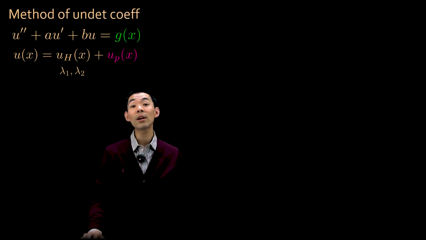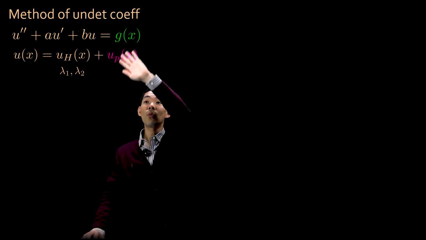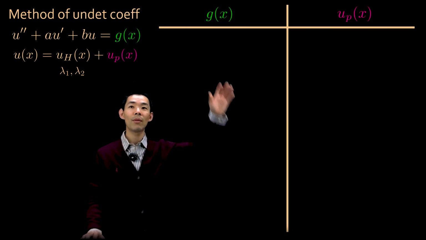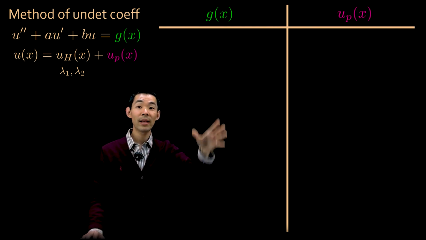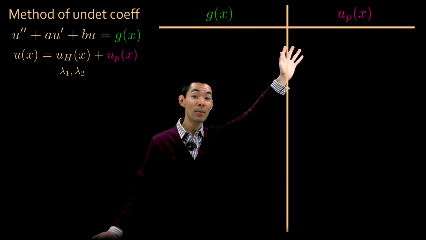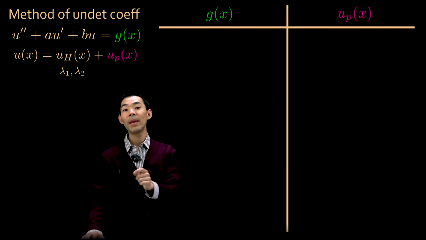There are three classes that are very common in science and engineering for a right-hand side g of x. So let's write them down. I'm going to write down g of x on the left-hand side, and on the right, the form of the particular solution you should guess to make it work later.